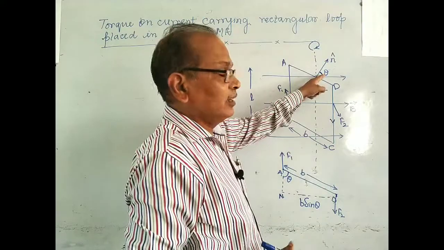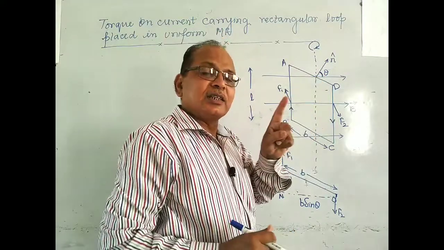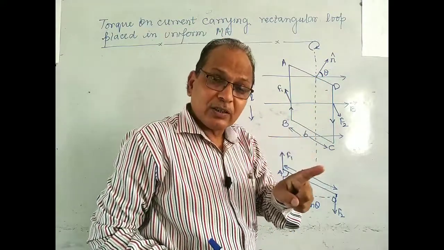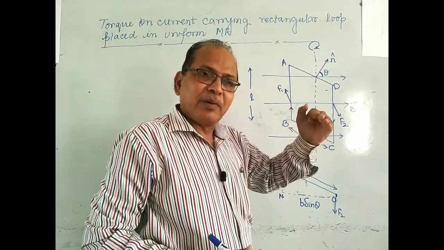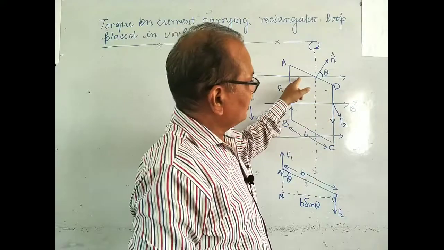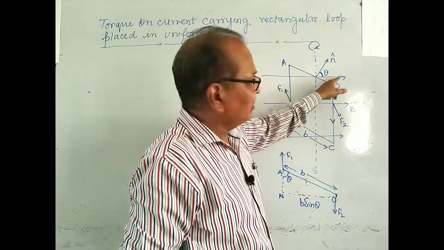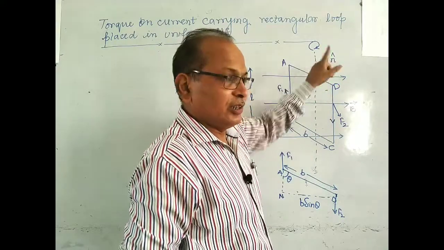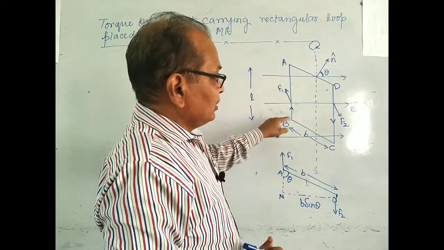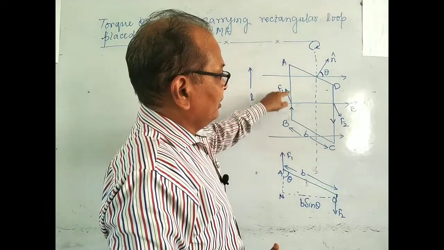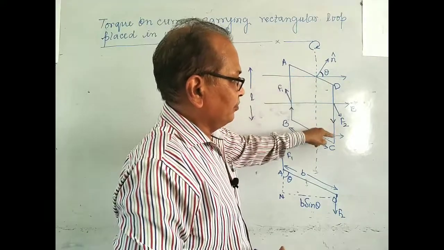Remember, theta is the angle between the normal vector, that is the vector perpendicular to the plane, and the magnetic lines. This is the magnetic field line and this is the normal vector. Remember this thing. Second thing, see the direction of the current here and here.